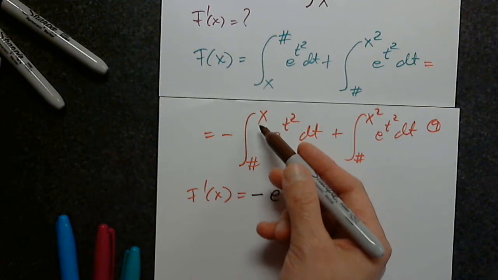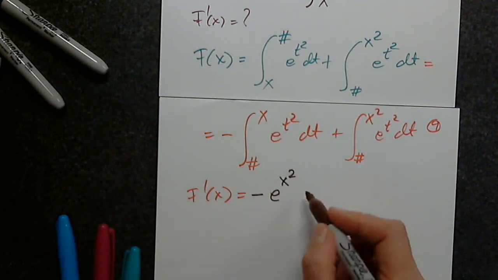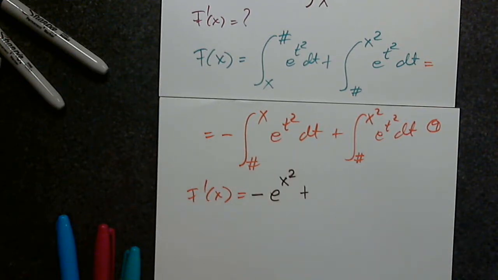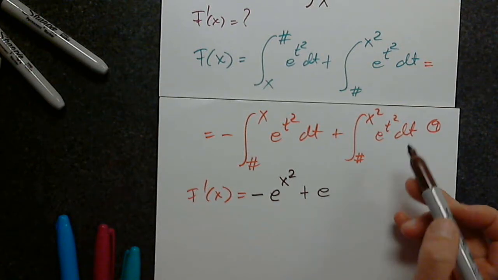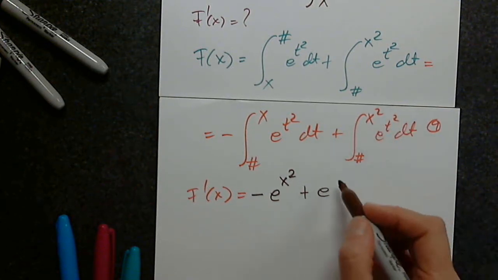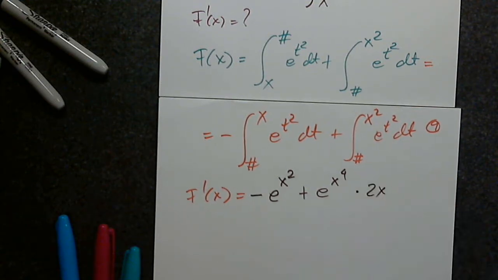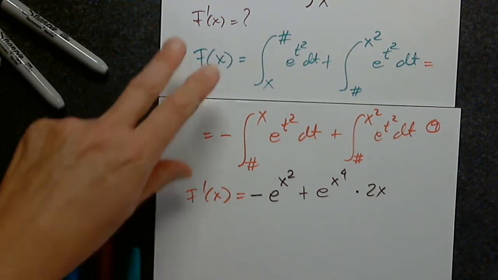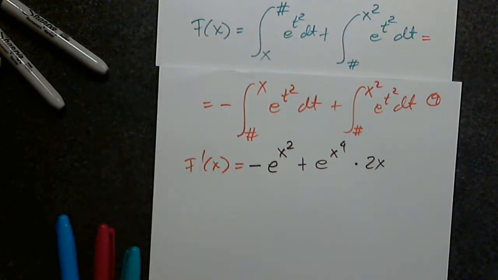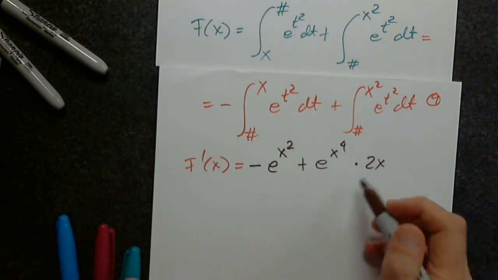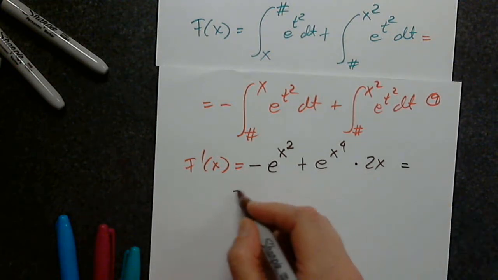Times x prime, but that is good. Plus x squared squared, which is, yes, x to the fourth, times, that's it. In this particular case, I would not do anything. You can just put 2x in front of that first one. In front of the second term, but it doesn't matter.